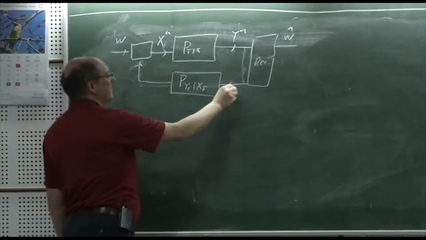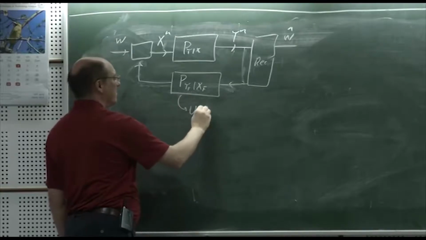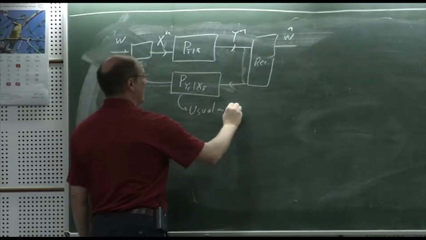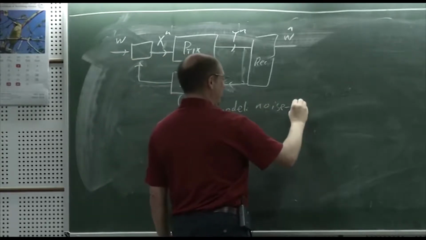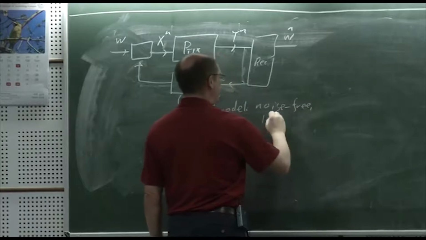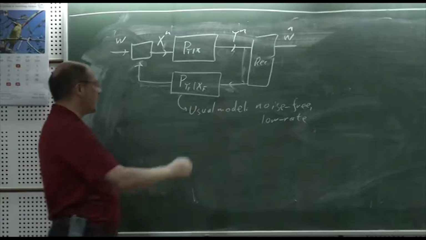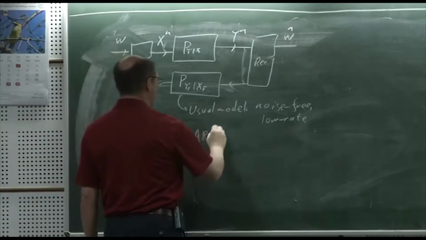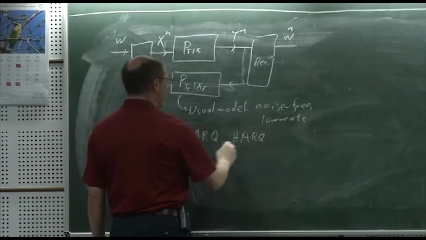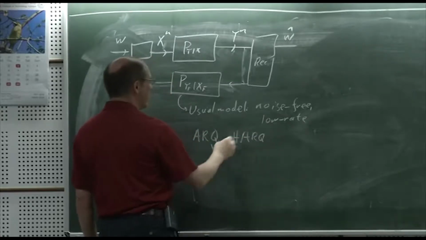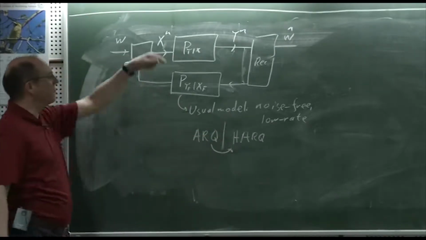Usually we model feedback links as being noise-free, right, the usual model, because you're using the control channels, which have a powerful code, very low rate. Okay. So the classic situation is where we have ARQ, and better, hybrid ARQ, which actually refers to the combination of ARQ plus coding, or feedback plus coding, how you do the forward coding.